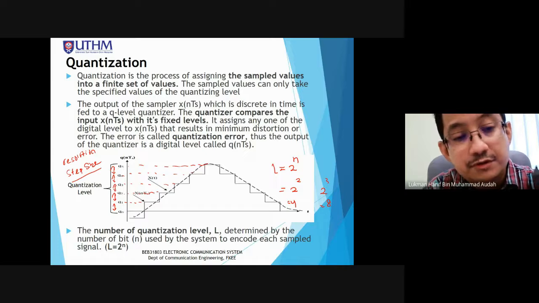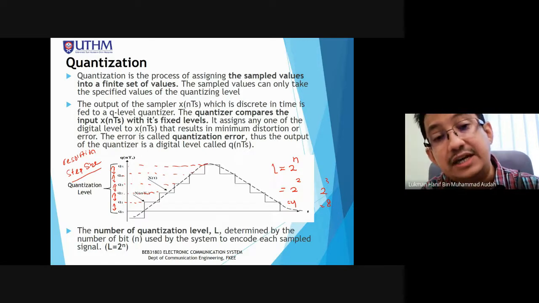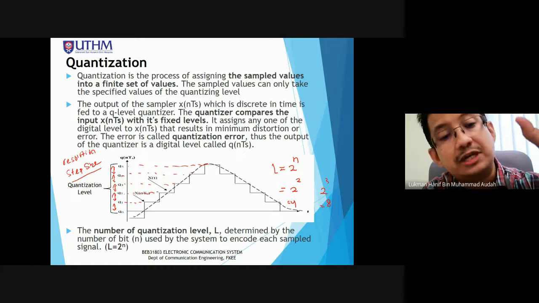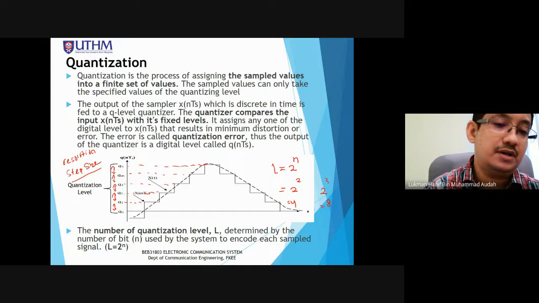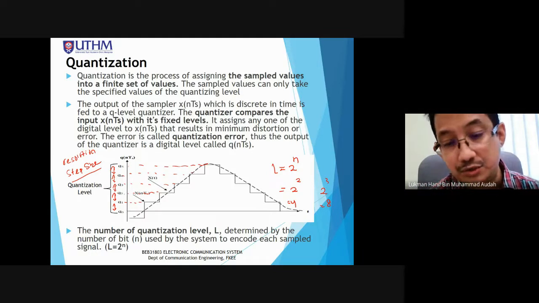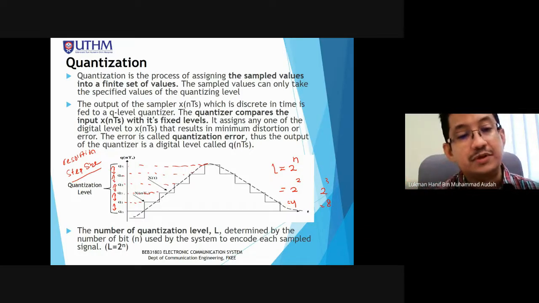Okay, so for simplicity for now, we will see that the step size are equal for each level. Untuk memudahkan pada kali ini, kita anggap step size itu sama. Dia adalah uniform quantization. Maknanya jarak antara level itu sama. Buat masa ini kita nampak seperti itu. Nanti saya akan tunjukkan macam mana kalau non-uniform.